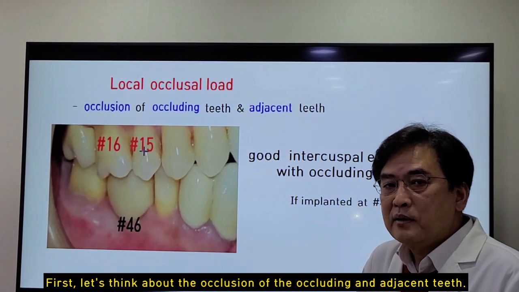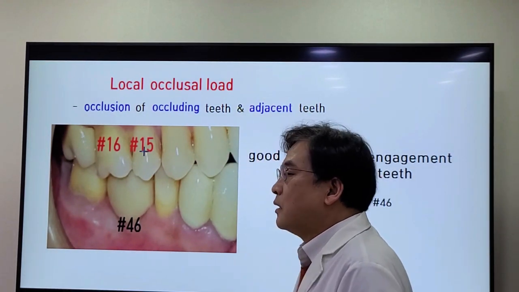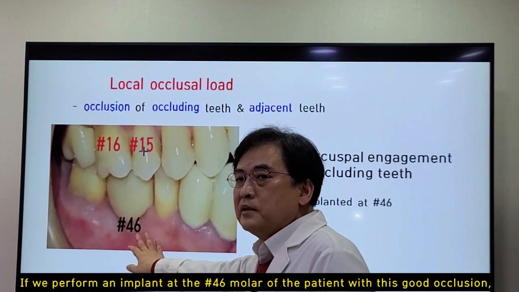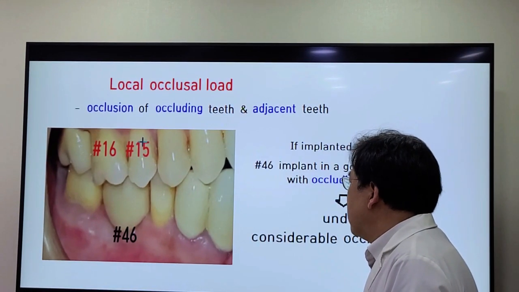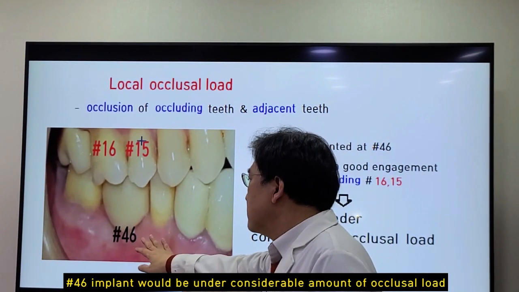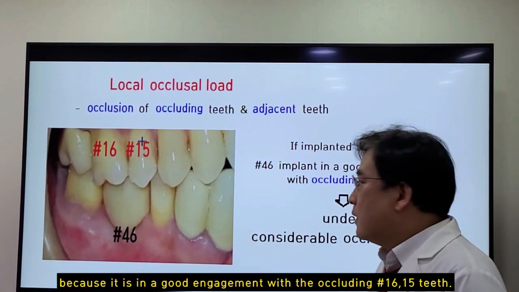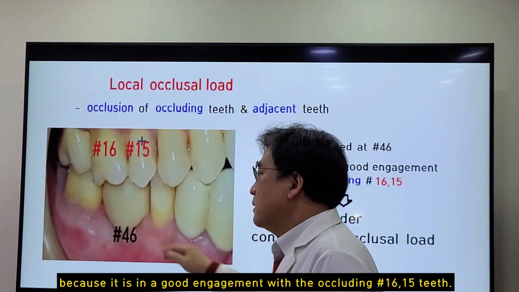First, let's think about the occlusion of occluding and adjacent teeth. If we perform an implant at the 46 molar of a patient with good occlusion, the 46 implant would be under a considerable amount of occlusal load because it's in good engagement with the occluding 16-15 teeth.